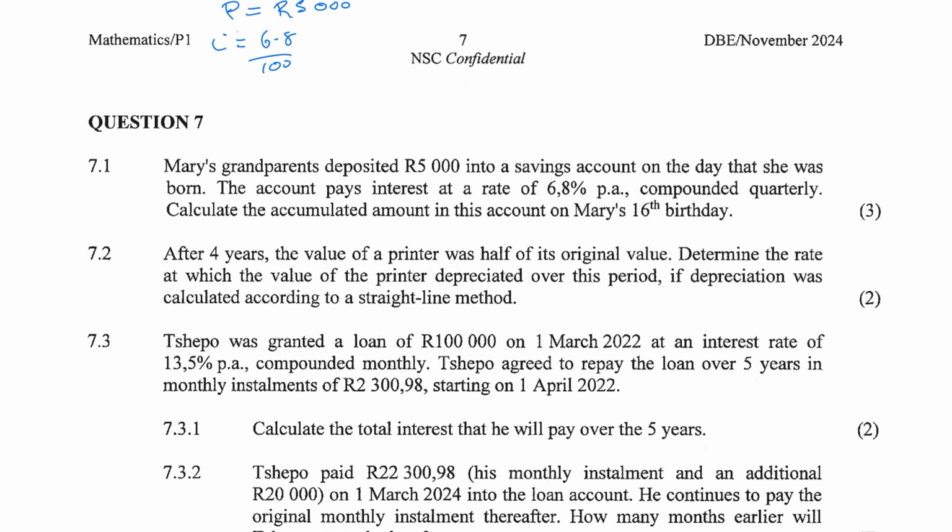Then they say something that is a key word you're looking for, I'm going to highlight it: compounded quarterly. If it's compounded quarterly, that means you divide this interest by 4. You're going to need your calculator.